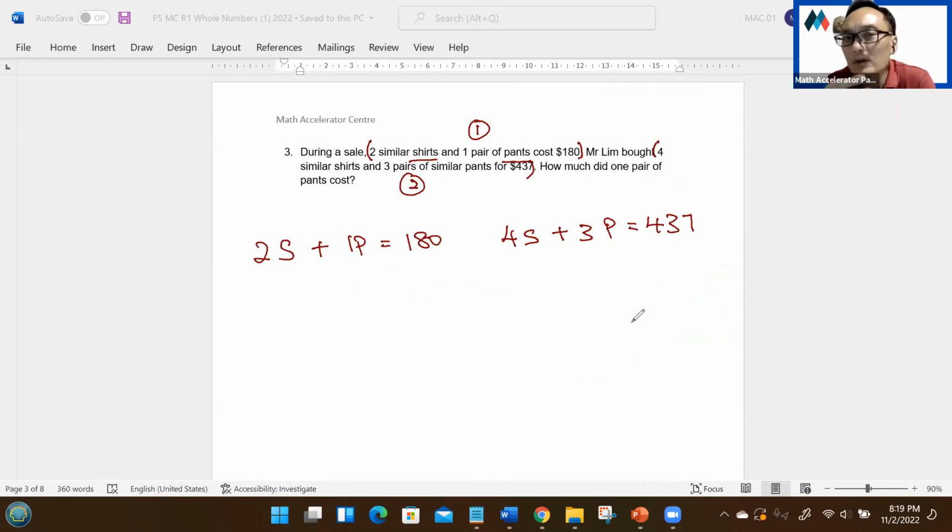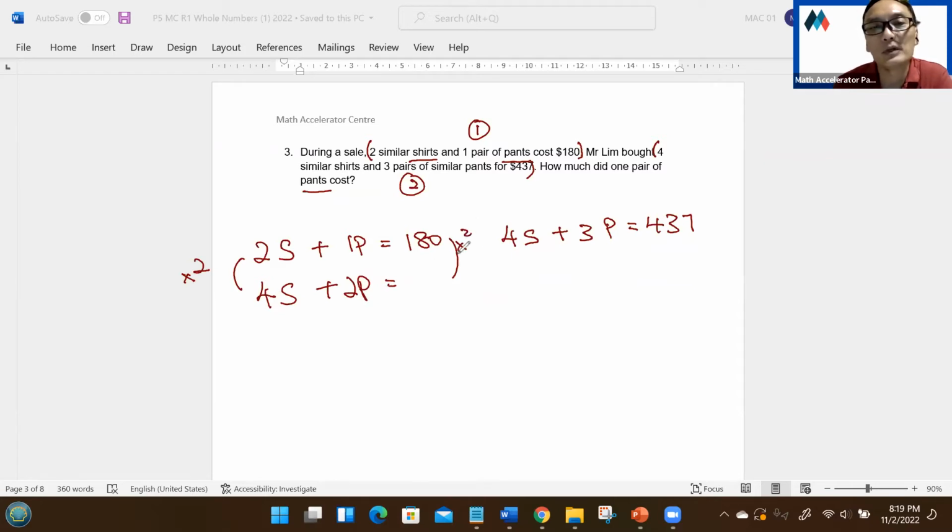The shirt or the pants? We should eliminate the shirt, good job everybody, because we are looking for the pair of pants. So here is 2 shirts, here is 4 shirts. So naturally, we multiply this equation by 2. Then we'll have 4 shirts here plus 2 pairs of pants. Can you help me multiply 180 by 2 and give me an answer?